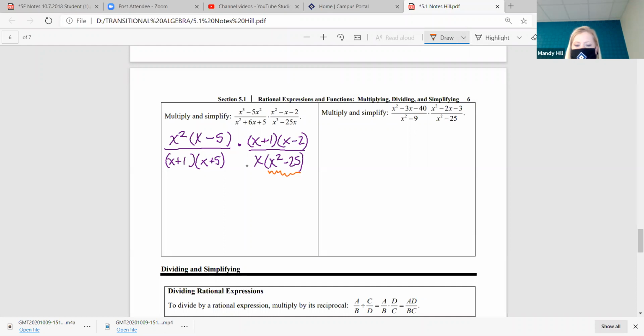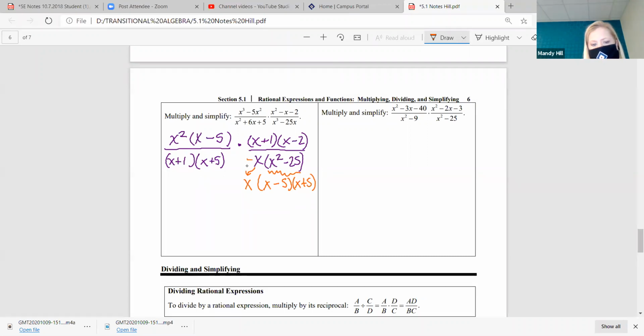So this actually will change into, I'm just going to put my X from here down again. But when it's the difference of squares, it's separated by a minus. X minus 5, X plus 5. I could keep going with that one, because it's the difference of squares. I think we did that in one of the very last sections of chapter 4.